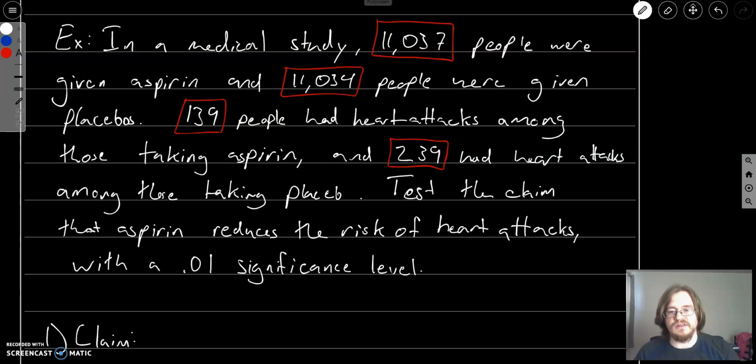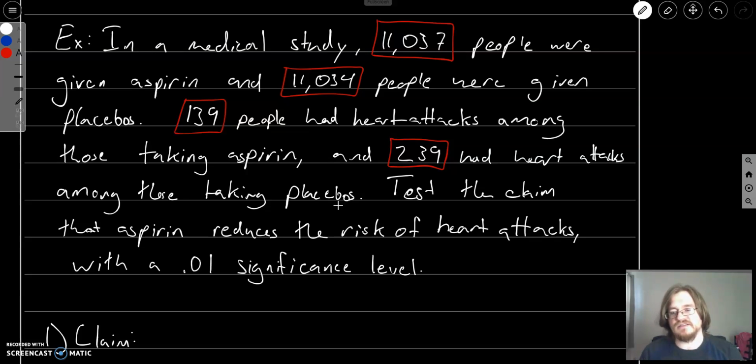So the question here is, we want to test the claim that those people that took aspirin had a reduced risk of heart attack than those who were taking the placebos.